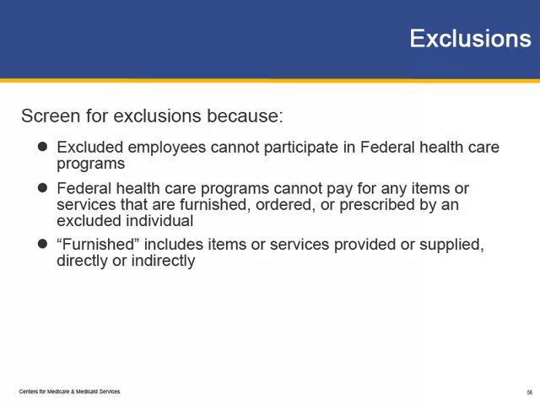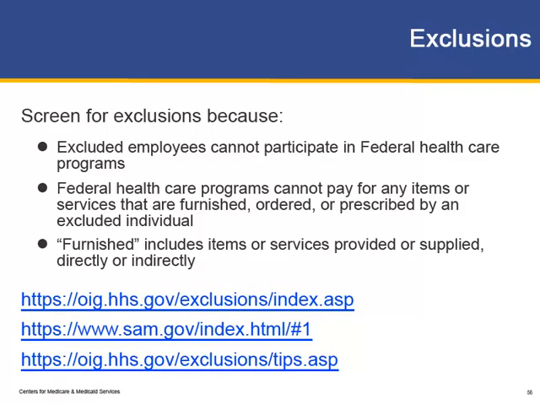SAM combines the federal procurement systems and the catalog of federal domestic assistance into one new system, and includes the functionality of the Central Contractor Registry, Federal Agency Registration, Online Representations and Certifications Application, and the EPLS. SAM is a federal government site and is intended to streamline information for medical professionals. Check the LEIE and SAM by visiting their respective websites as shown here.